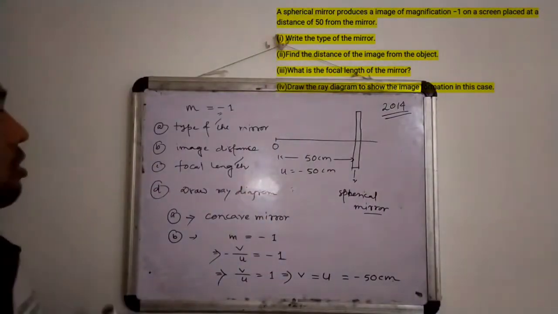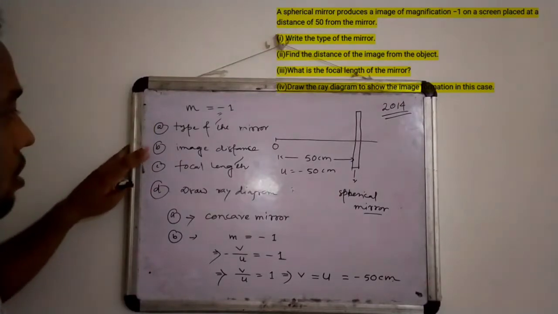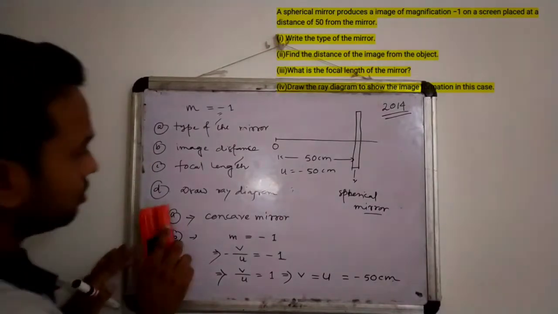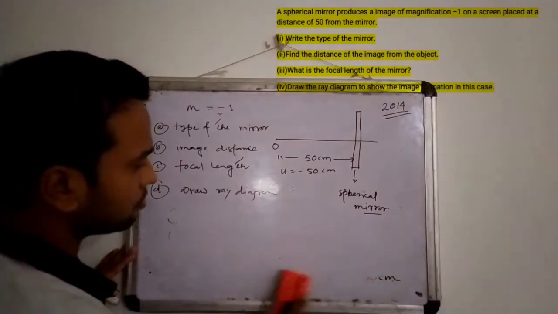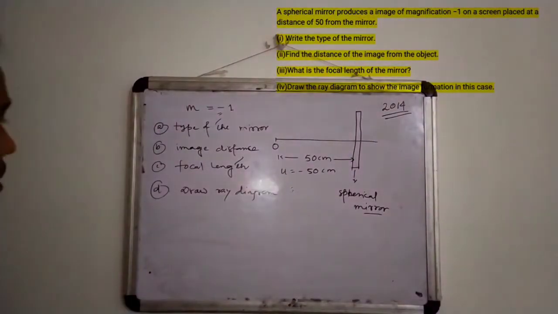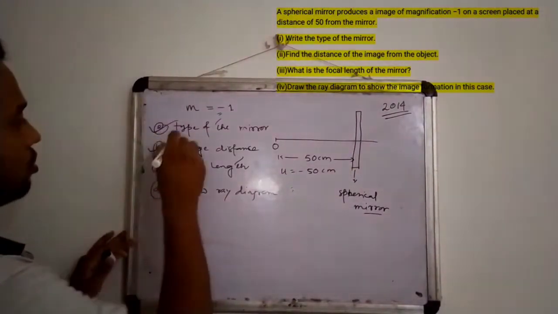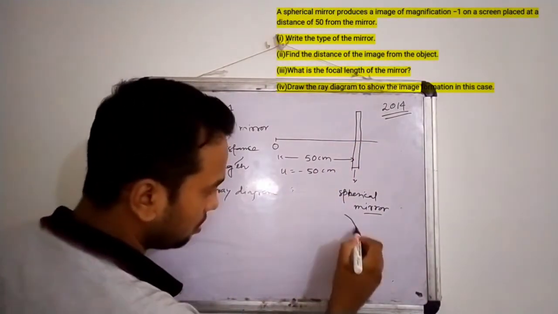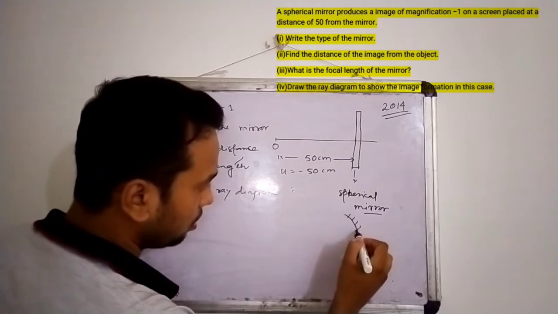So now we have the type of the mirror, and the image distance. Now we have to find focal length. So how can we calculate focal length? See. So these two are solved. So we know this is a concave mirror. Then draw a concave mirror here.